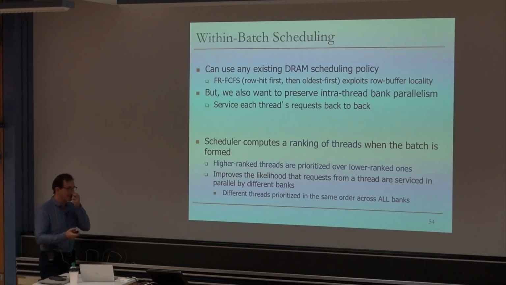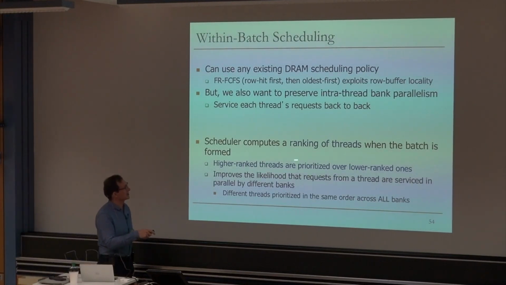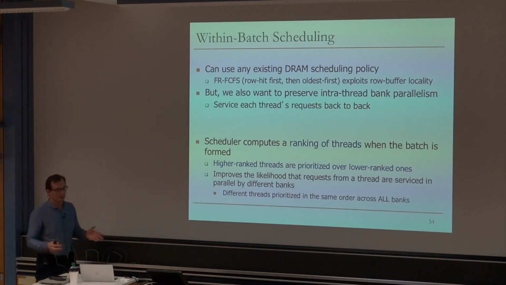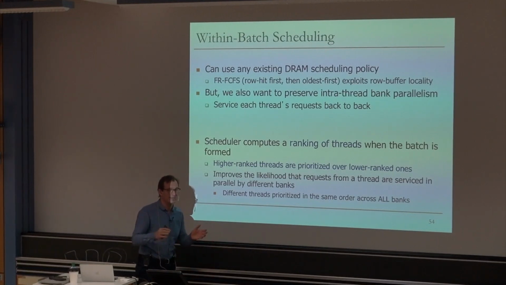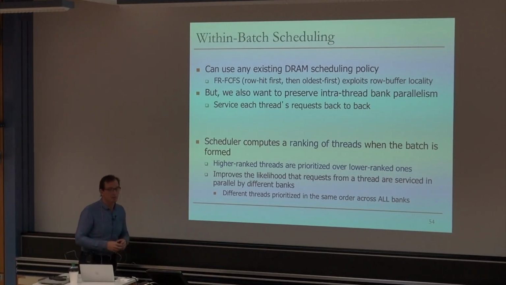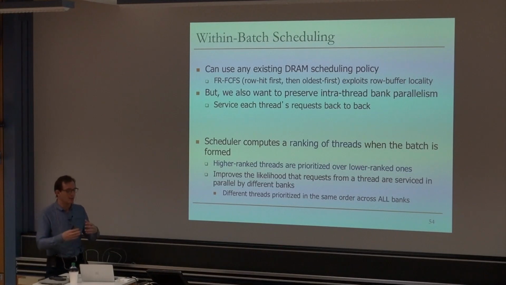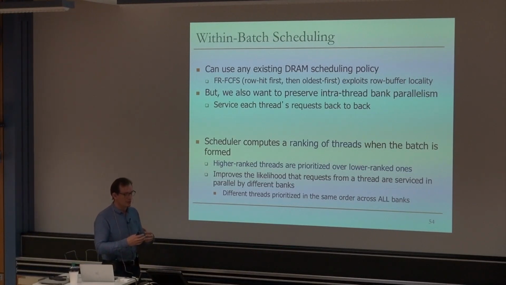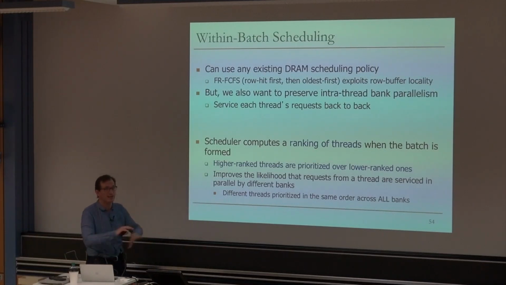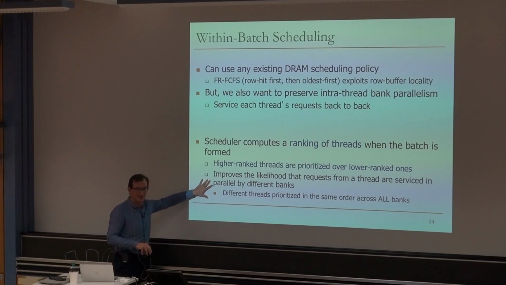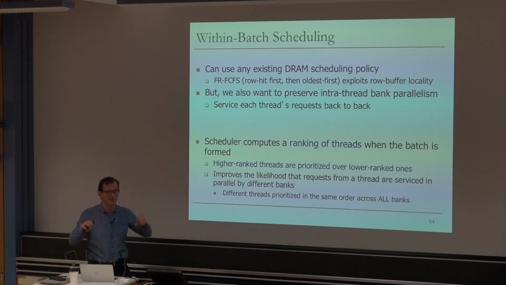So to be able to do this, this paper introduces computing a ranking of threads when the batch is formed. So we'll talk about this ranking. But basically, higher ranked threads are prioritized over lower ranked ones. And you form this rank such that the requests from one thread are serviced in parallel across different banks, because all of the banks actually obey this ranking.